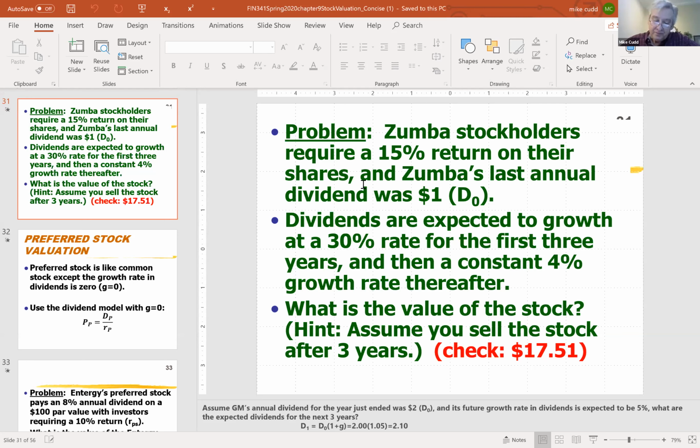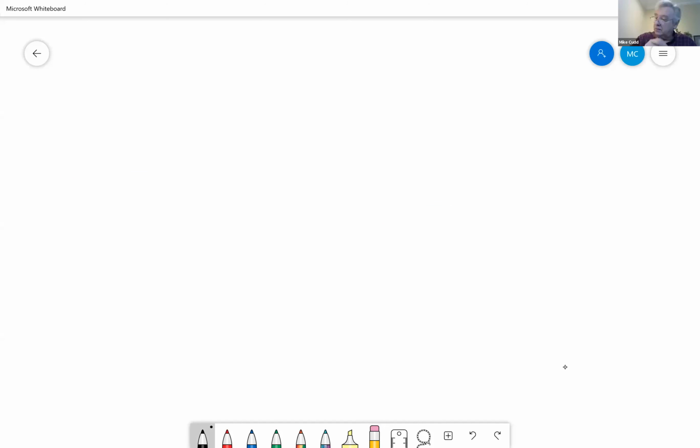Assume you sell the stock after 3 years. All right, for this kind of problem, stockholders are requiring 15%.